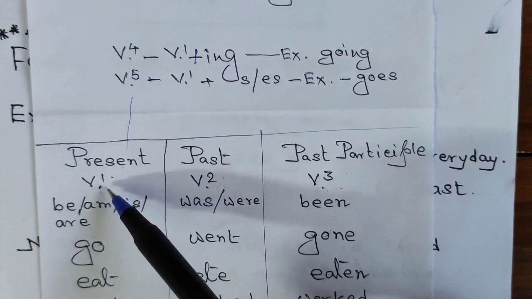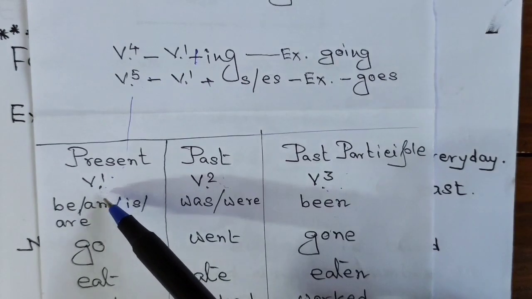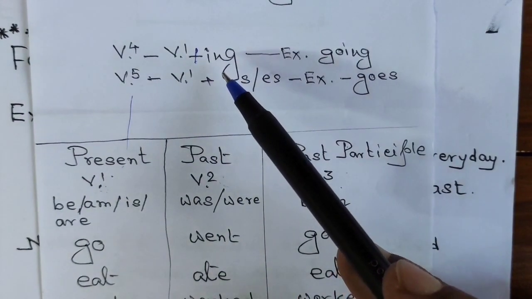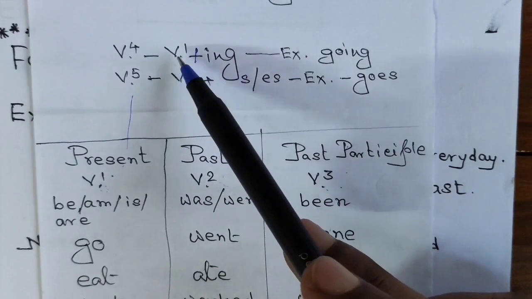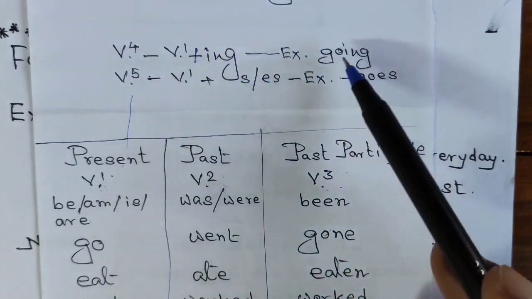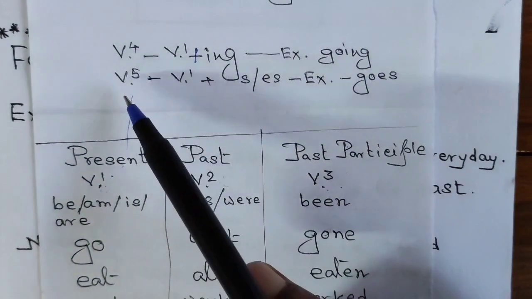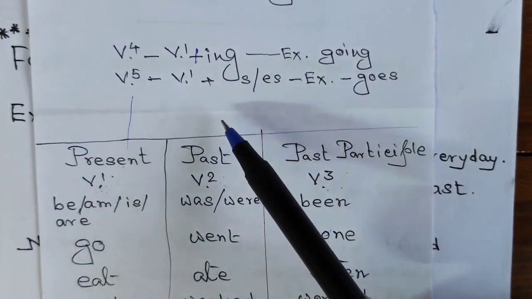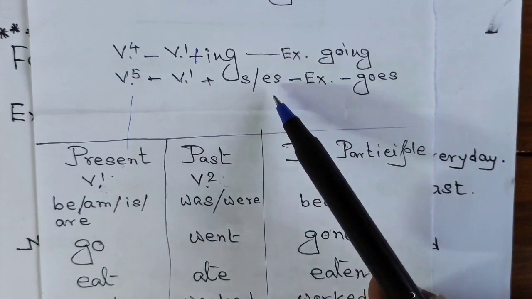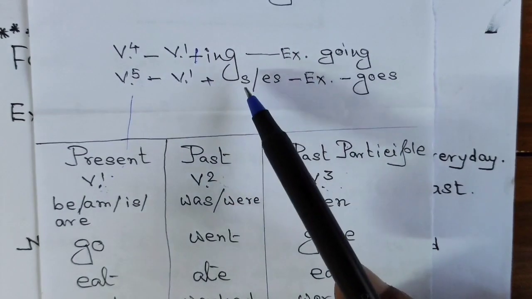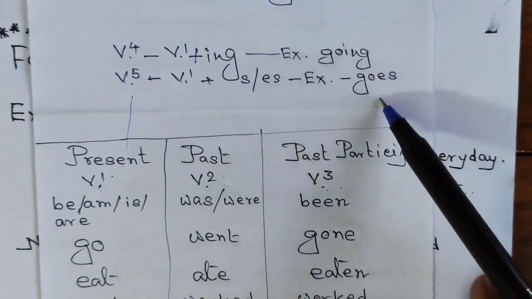Sometimes we need to use the ing form of the verb, and that is why V1 plus ing is added, and this is what we call the ing form of the verb. And sometimes we need to add s or es to the end of the verb, and this is what we can call easily as the s or es form of the verb. Now these are the 5 forms of the verbs.